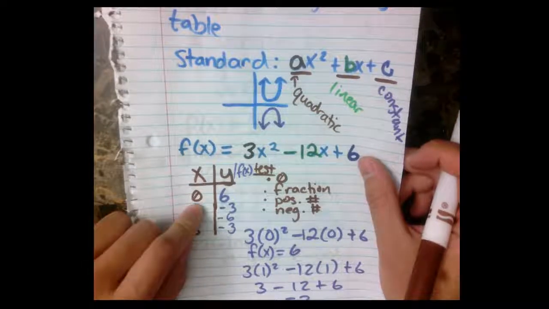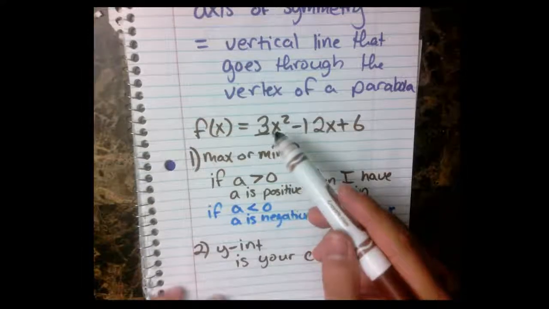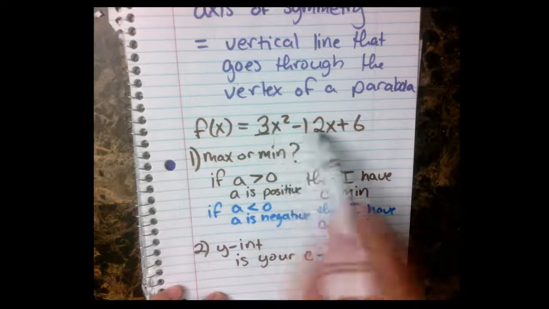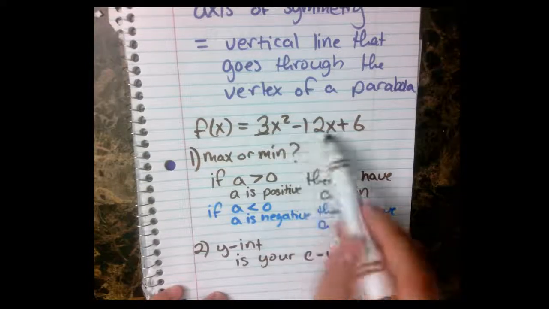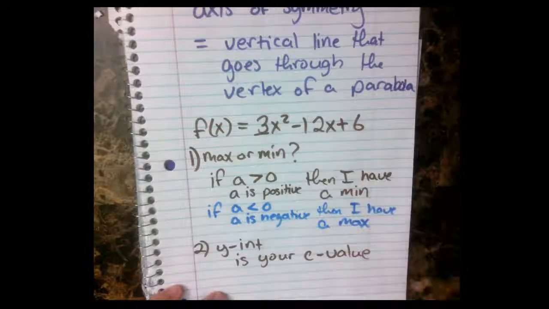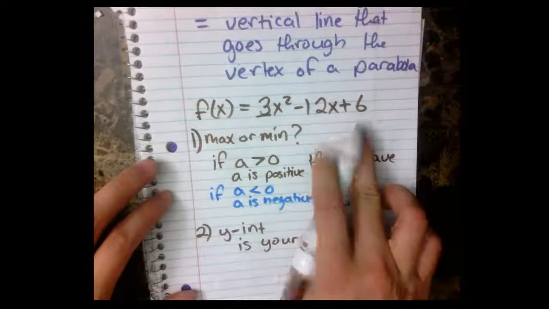That said, you don't really have to test 0 because in every single quadratic, 3 times 0 minus 12 times 0, it doesn't matter what numbers I put here. Anything times 0 is going to be 0, which means that you're just left with this c value, this positive 6. So your y-intercept is your c value. In this case, it's a positive 6.